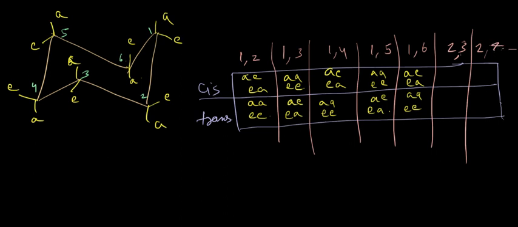So what would be the positions for 2 comma 3? It would be AE, EA, and for this it would be AA, EE. Oh sorry, for the other it would be AE, EA. Okay, so these are the positions of cis and trans for the axial and equatorial positions at the given carbon positions.